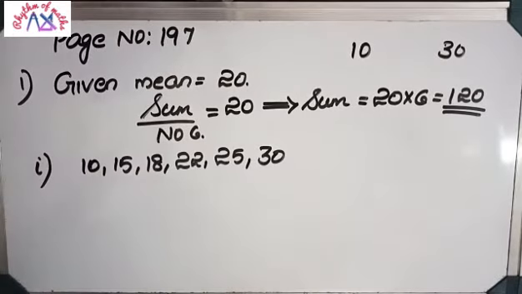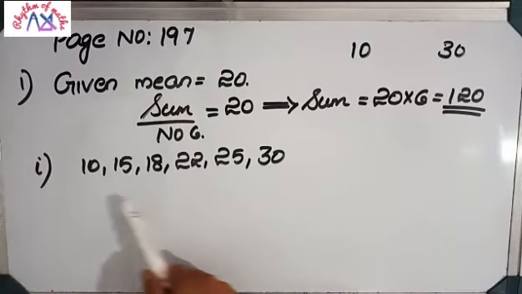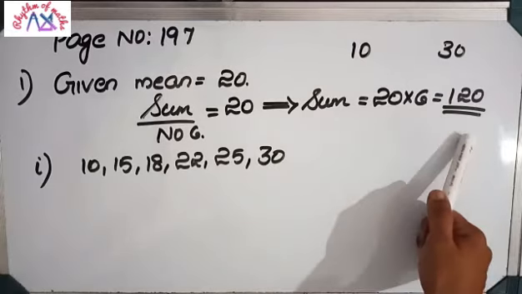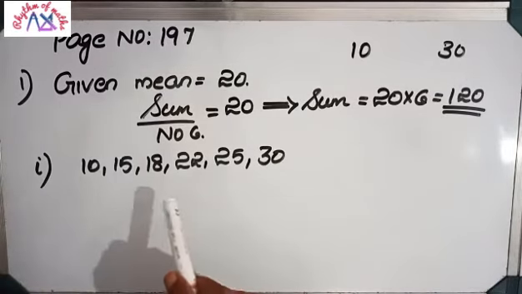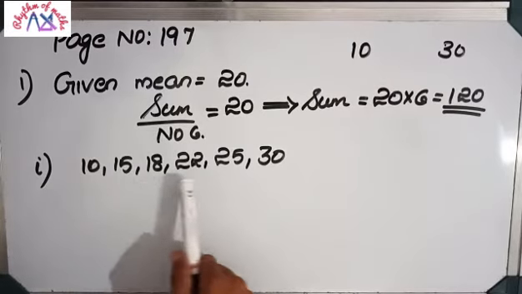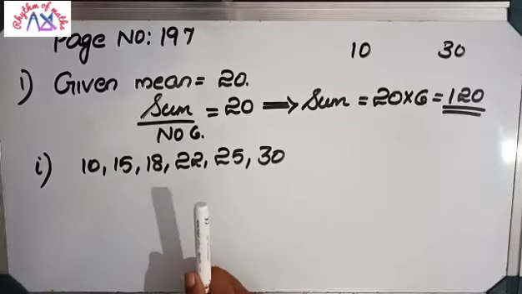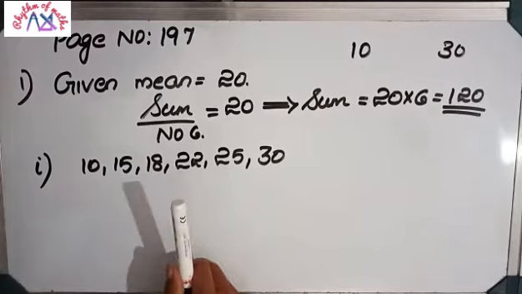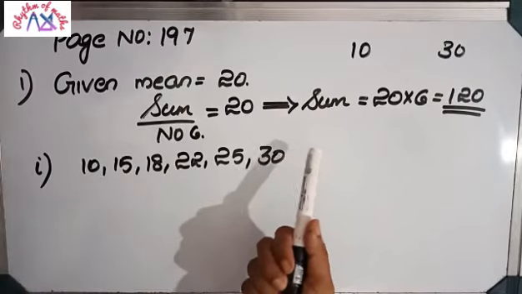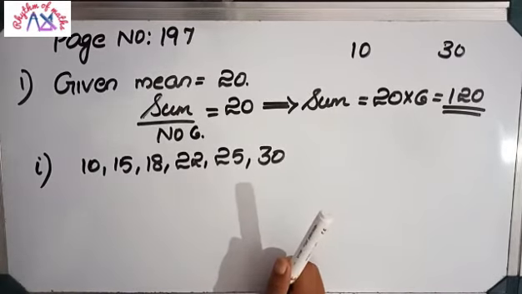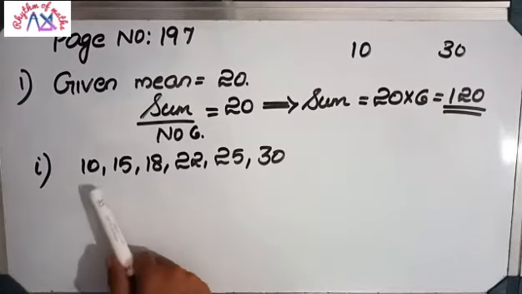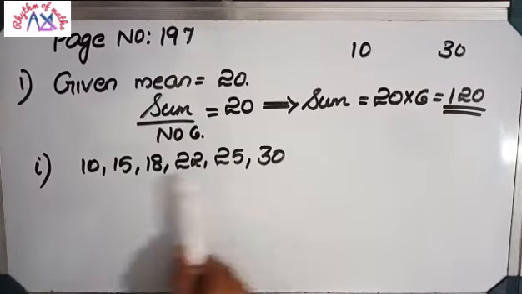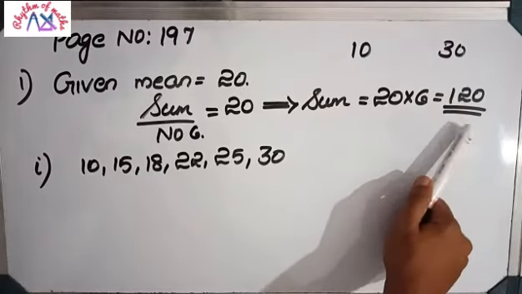Now when you add all these numbers, you can see that the sum is 120. There is no particular rule to write this. You can choose any number, that is up to you. First write 4 or 5 numbers, then add them, then divide the remaining amount for the last numbers. According to that you can write. There is no equation. The only condition is that the sum of all these 6 numbers must be 120.